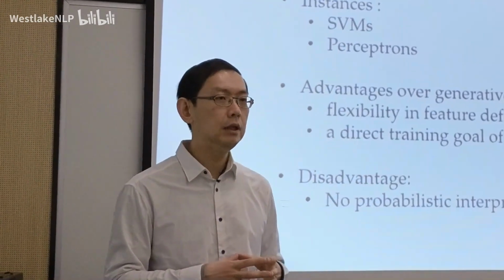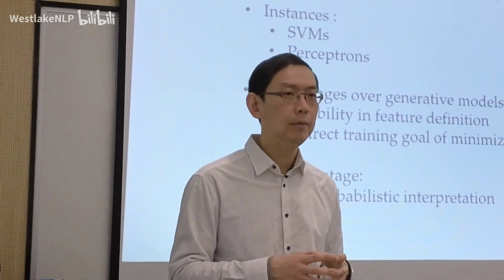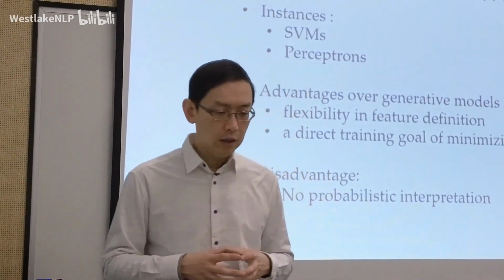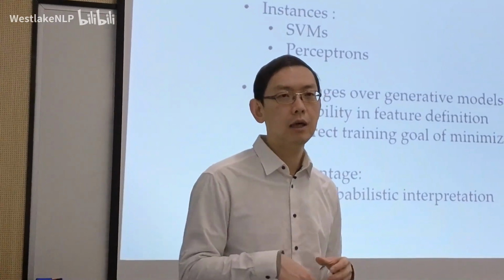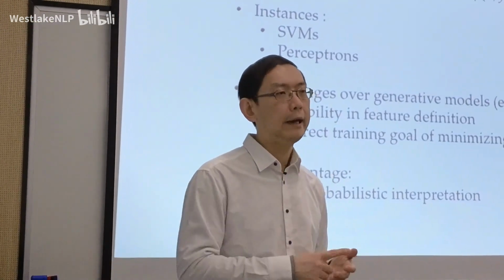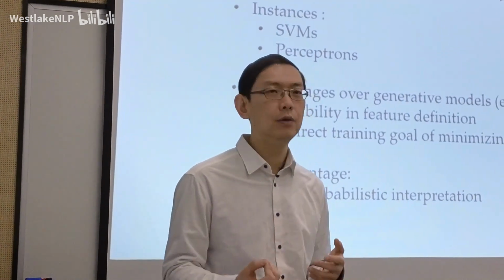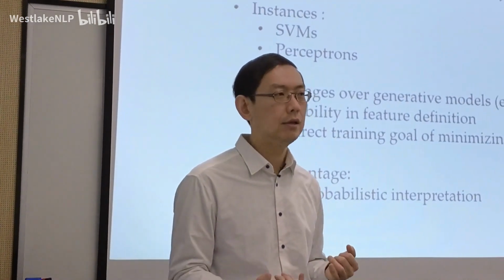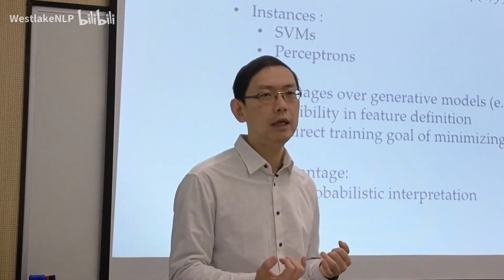So you don't immediately know what the absolute value means. But for naive Bayes, given this input x, the probability of the class label c is 0.6, and you immediately know that the chance of having this class label is 0.6. So you know how to understand this score.